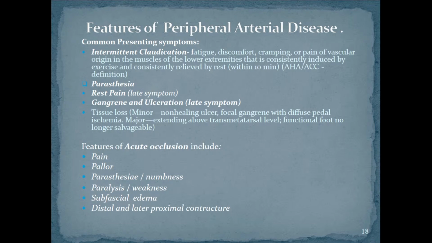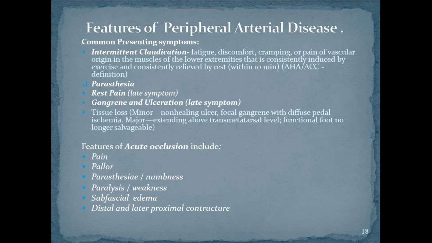Minor tissue loss, it is a non-healing ulcer. Focal gangrene with diffuse pedal ischemia, and major, extending above transmetatarsal level. Functional foot is no longer salvageable in such a case.